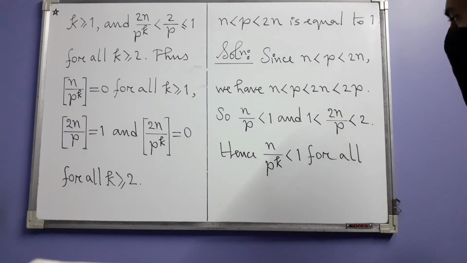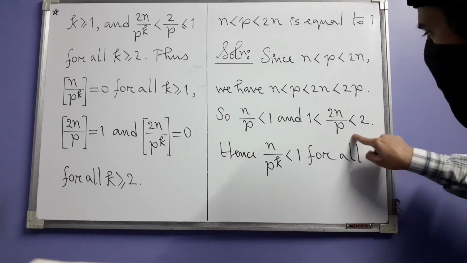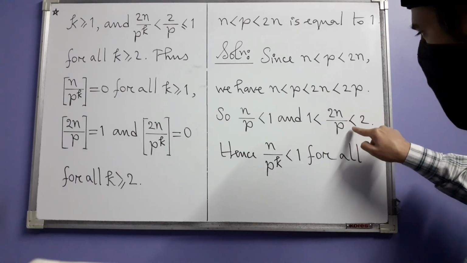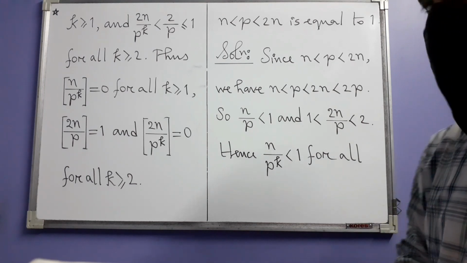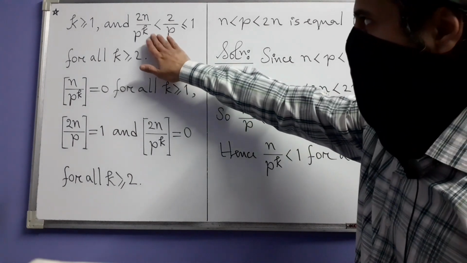Note that if you divide this last inequality, 2n divided by p less than 2, by more p's, then you get this.